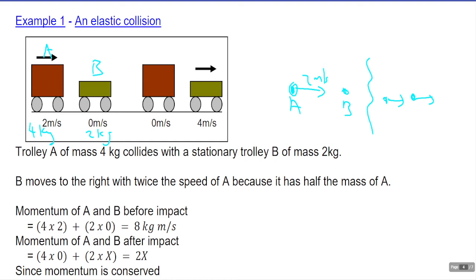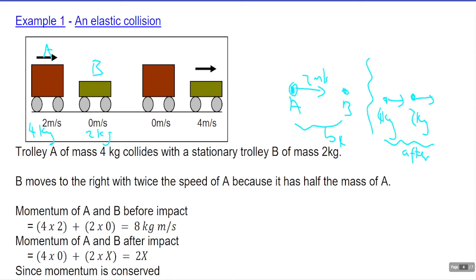Okay, so that will be the 4 kg one and the 2 kg one over there. But then B would have to move with twice the speed of A because it is half the mass of A. But the total momentum before the collision should equal the total momentum after the collision. So please take note of that.